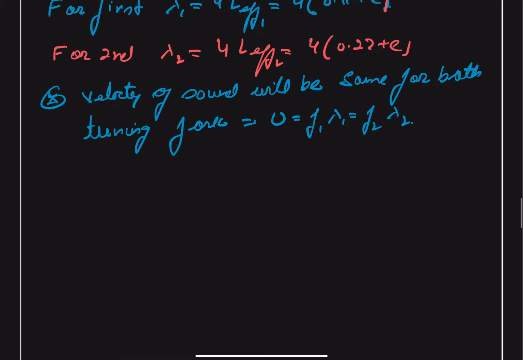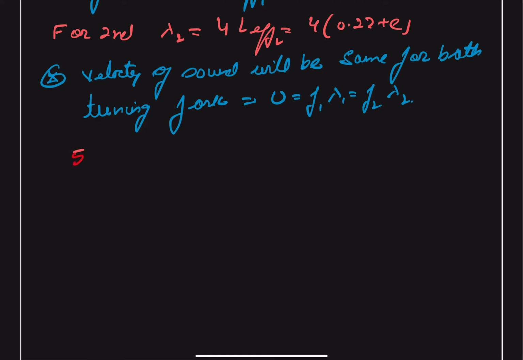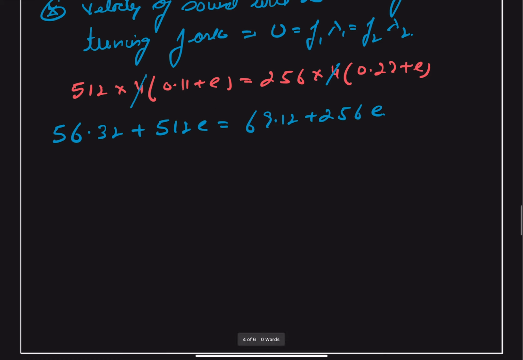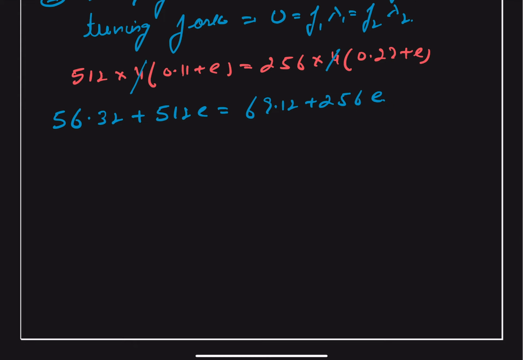F1 is 512 multiplied by 4 times 0.11 plus E, and F2 is 256 multiplied by 4 times 0.27 plus E. The 4 and 4 cancel out. If we open the bracket, we get 56.32 plus 512 times E is equal to 69.12 plus 256 times E. Now it's a matter of simple calculation, and from here we can write that E will be equal to 12.8 divided by 256, which comes as 0.05 meters.